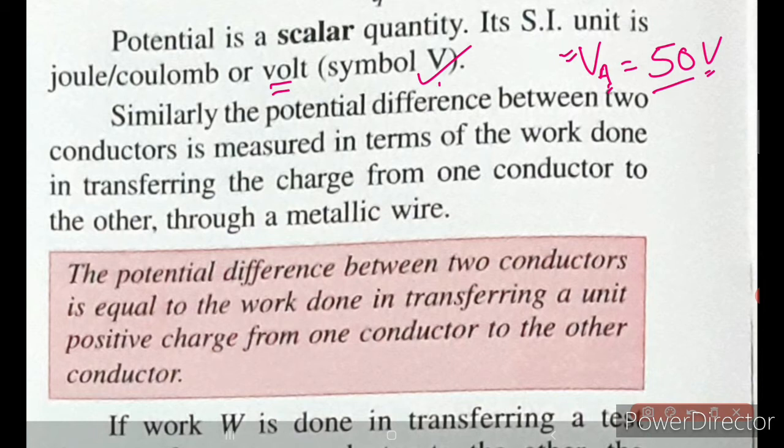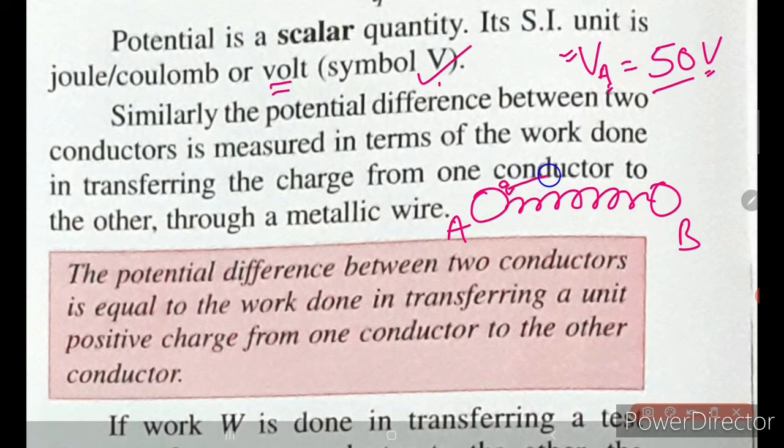Suppose here we can consider one conductor, conductor A or conductor 1, the other one is B, right. This is conductor B, and suppose these two conductors are connected with the help of a wire, right. So the wire is carrying one charge Q from A to B, right.